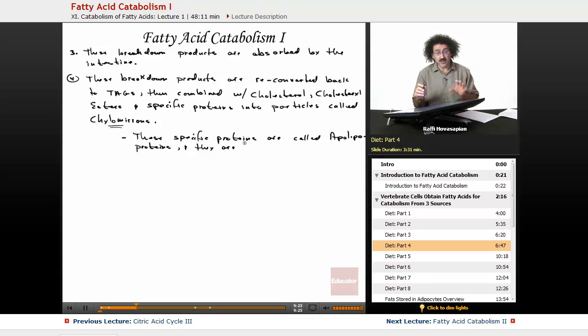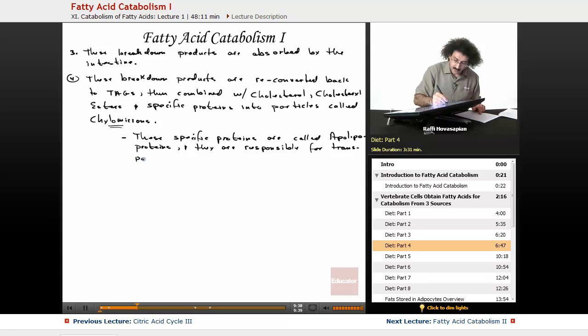So these specific proteins are called apolipoproteins, and they are responsible for transporting insoluble lipids through the bloodstream and lymphatic system.